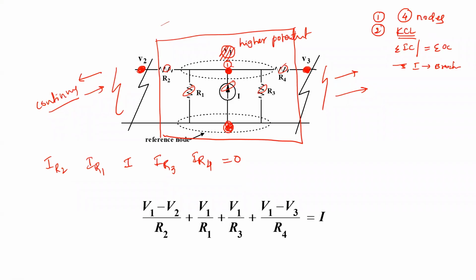And we have said that always it is at a higher potential. That means assume that all currents are leaving the node. That is the procedure here. If that is the case, all values will be positive here.